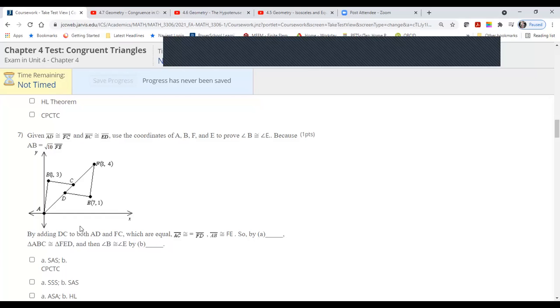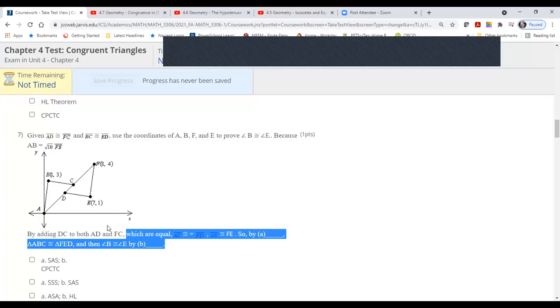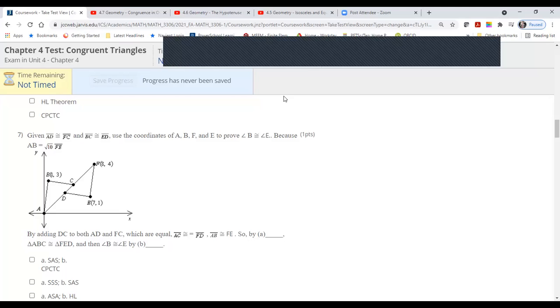So by adding DC to both AD and FC, we make it equal, so AC equals FD, right?